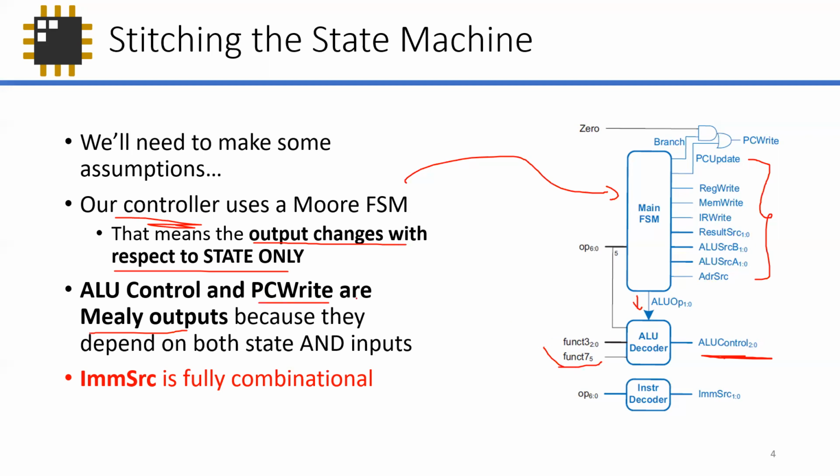Now, the PC write as well, as you can see, is dependent on the zero signal that comes from the ALU. So it's also a quote-unquote Mealy. Really, it's a Mealy because it's also dependent on the current state of the finite state machine. The immediate source down here, from the instruction decoder, is fully combinational.